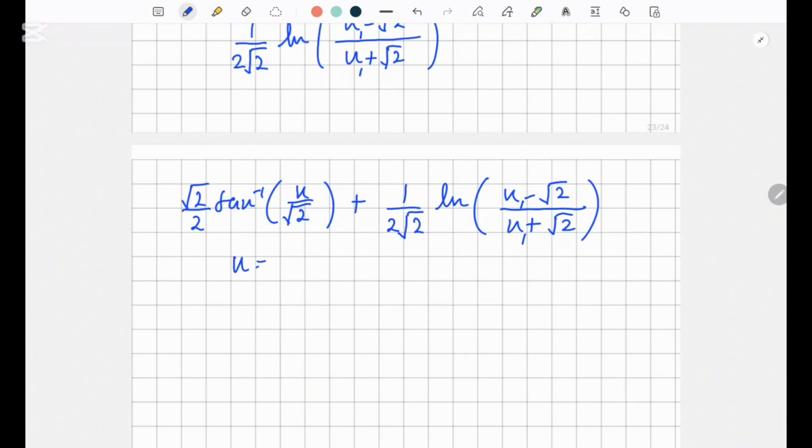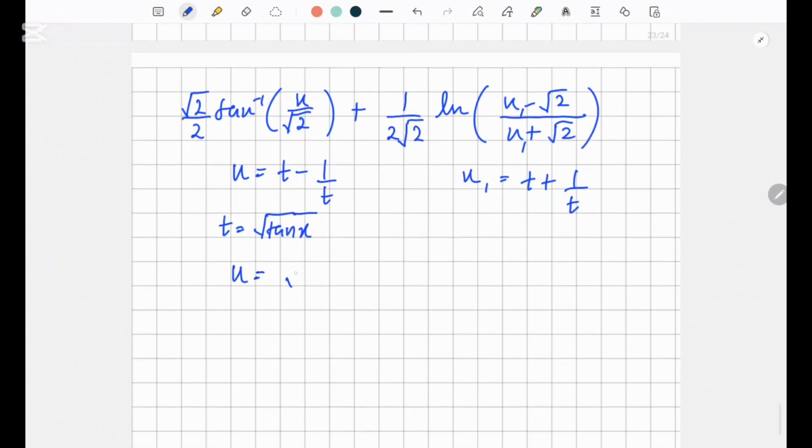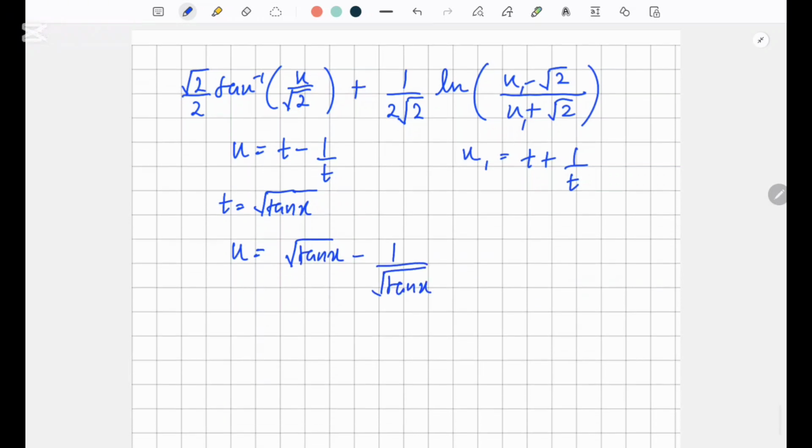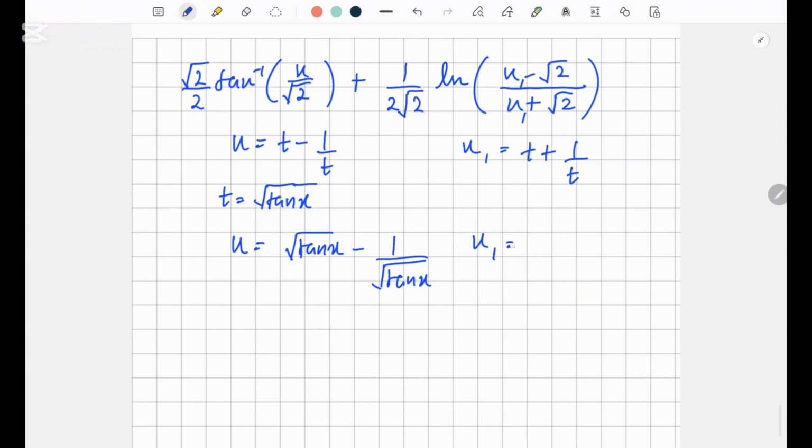Here the substitution was u equals t minus 1 over t. Here the substitution was u dash equals t plus 1 over t. Okay, and we had t equals root tan x. So u equals root tan x minus 1 over root tan x, and u dash equals root tan x plus 1 over root tan x.